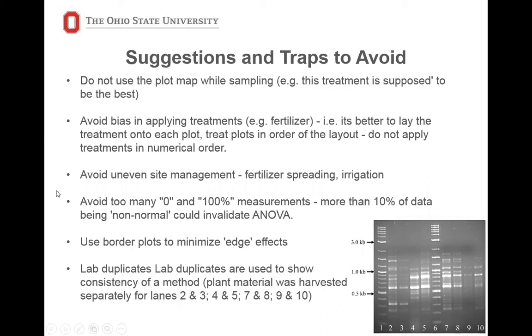We'll come to measurement methods, but we should avoid measurements that have a lot of similar values. Say we're doing a germination study and half of our experiment has 100% germination and other treatments have less than 100%.